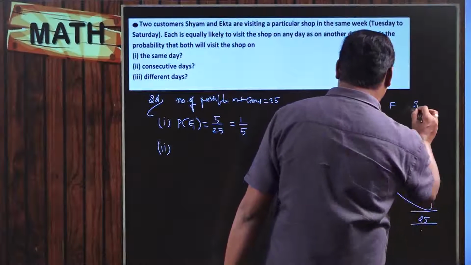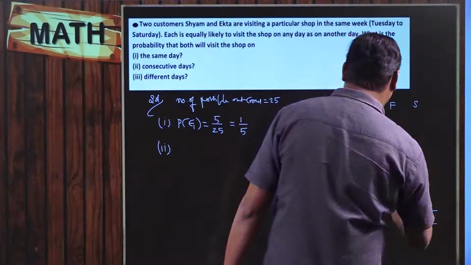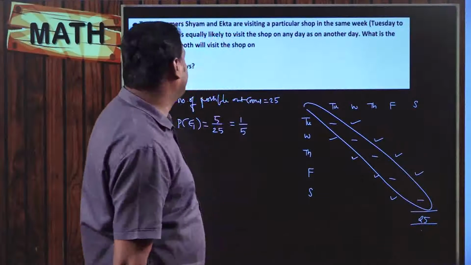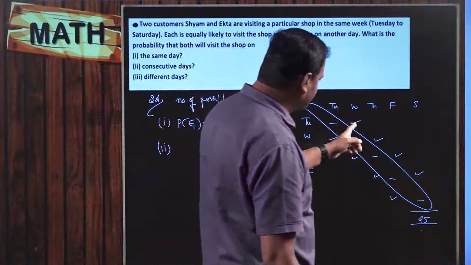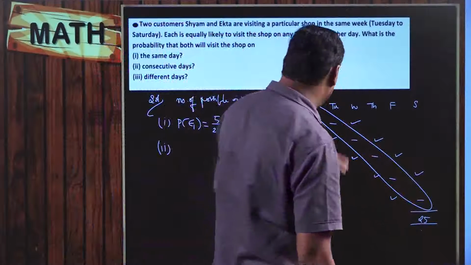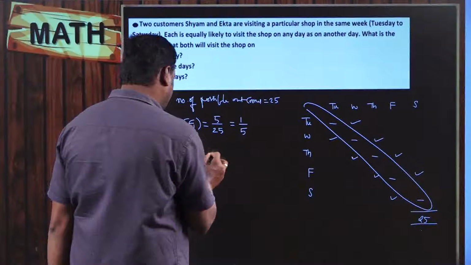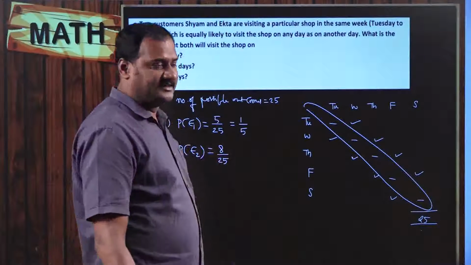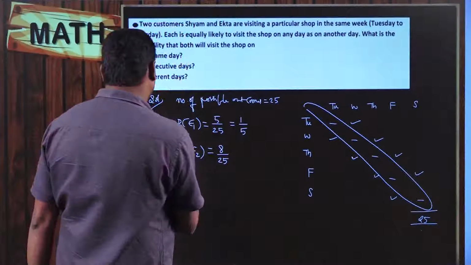And then Friday, Saturday and Saturday, Friday will also come under consideration. So therefore, how many consecutive day outcomes? 1, 2, 3, 4, 5, 6, 7, 8. So probability of getting an event is equal to 8 divided by 25. That is on consecutive days.